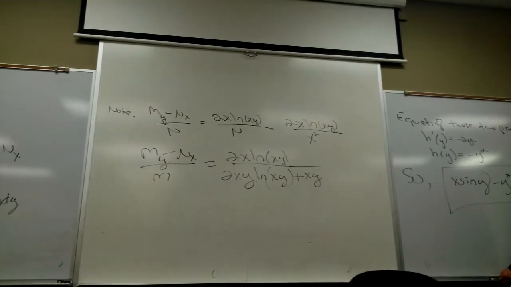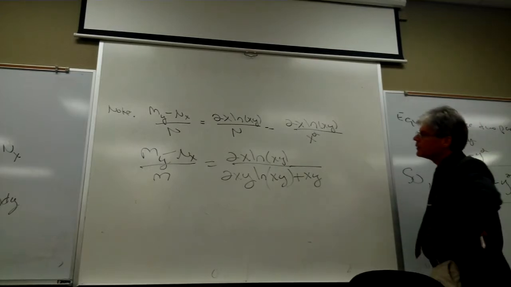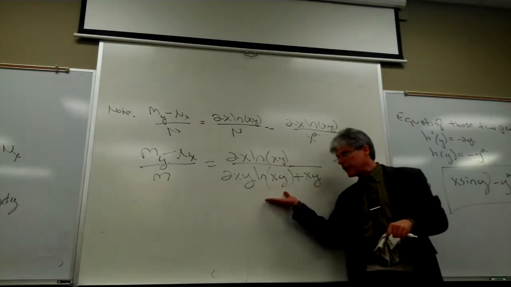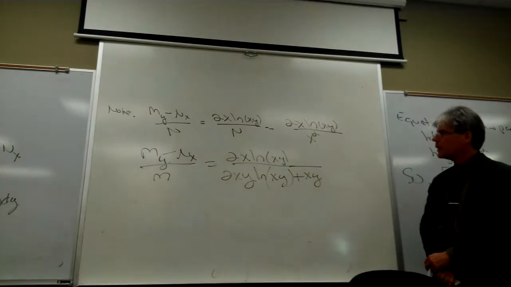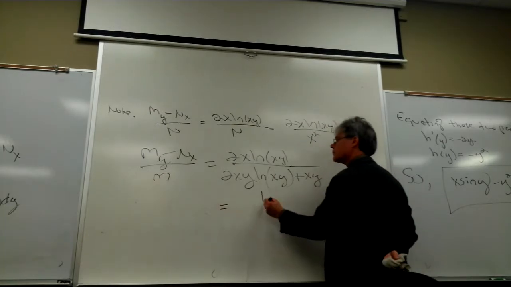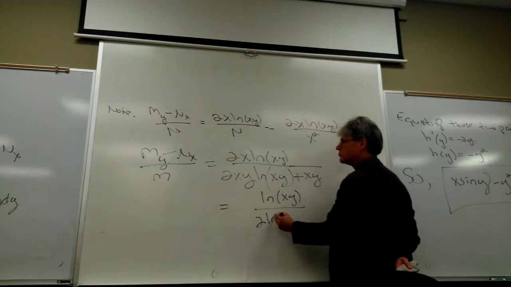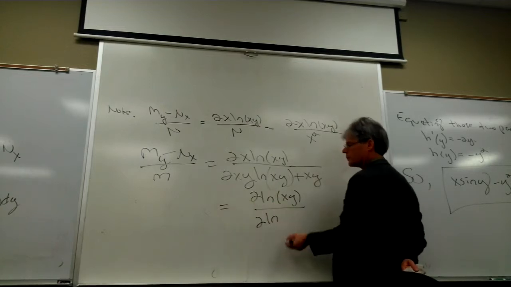Does anything cancel? Natural log of xy and the 2x. I'm nervous about the natural log because it's only a factor in the first term. Oh, yeah. So the x is canceling. Oh, did I forget my 2? Jeepers.